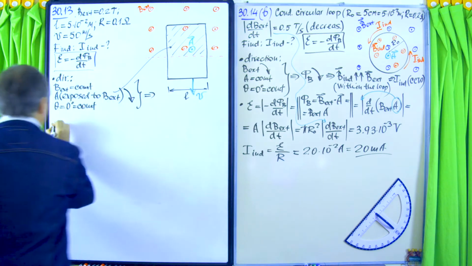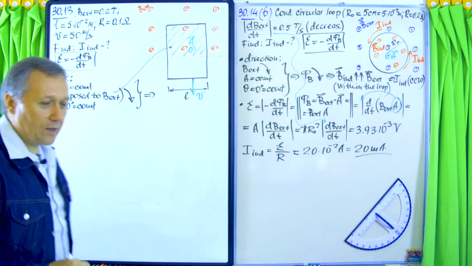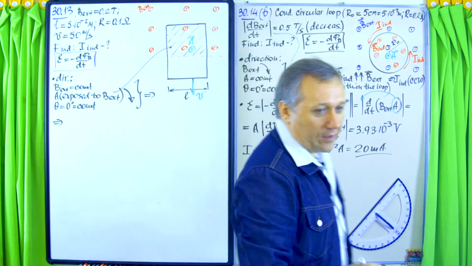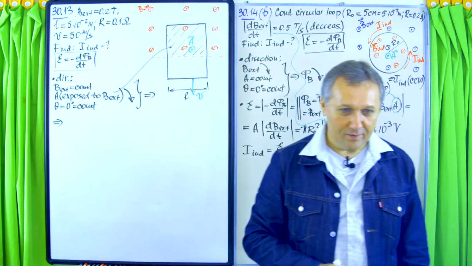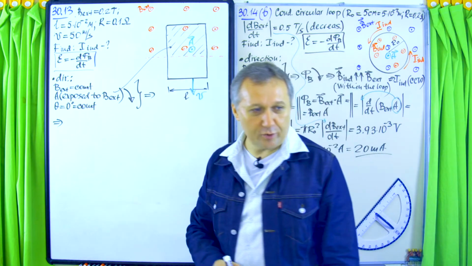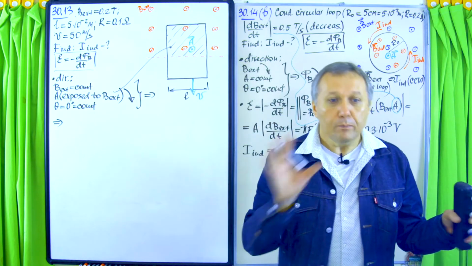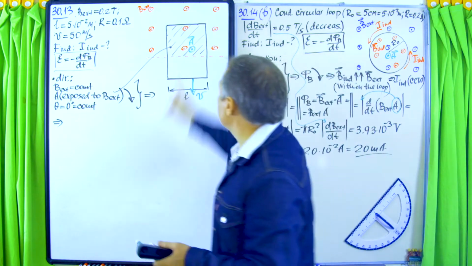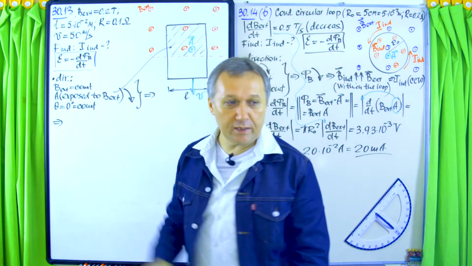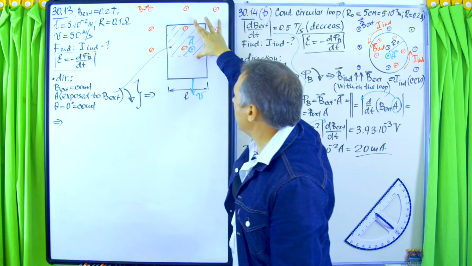So as a result, I can come up with the information about the flux, right? Magnetic flux produced by the external magnetic field. See that, guys? But in your homework problem, since your loop will be dragged into the magnetic field, what will happen to this area?